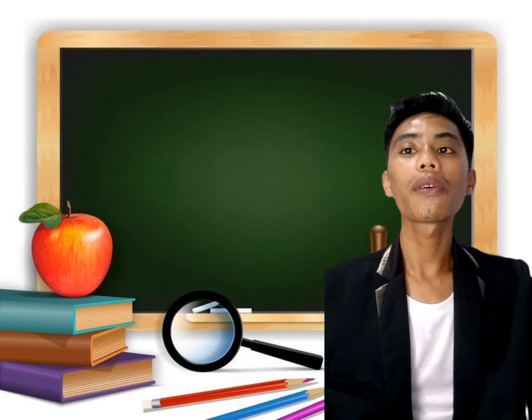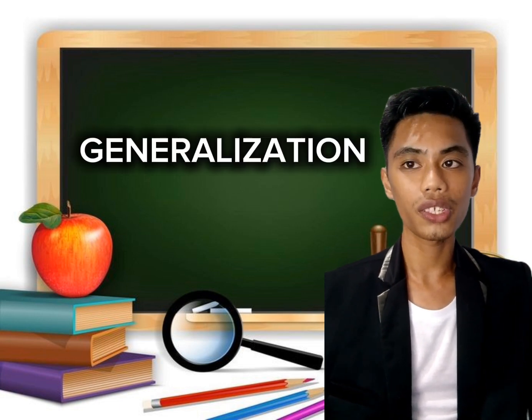And now, since we are done with our discussion, let's have another set of activities. Let's move on to our generalization. And now, to check if you really read to our discussion, let's have a question and answer portion. I have here another activity called Justify Me.